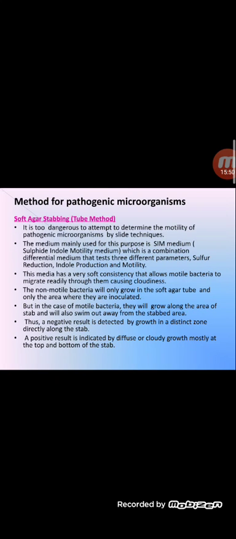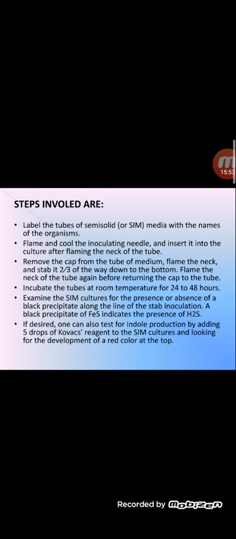This is the soft agar stabbing or tube method. Now the steps involved in it are: first we have to label the tubes of SIM medium or semi-solid medium with the name of the organism. Then flame the needle and the neck of the tube, and remove the cap from where the sample is taken.